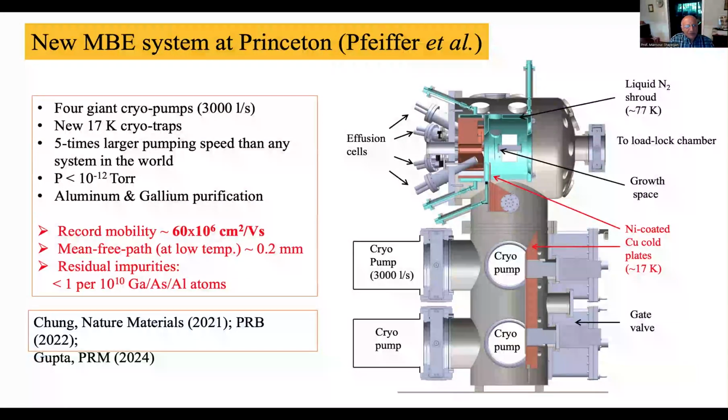It is unique in the world in the sense that it has the highest pumping speed, pumping capacity. The whole thing is roughly a pump. You know, there are huge pumps that get the pressure down. There are other innovations that go in it, but also purification of the material is crucial, aluminum and gallium.